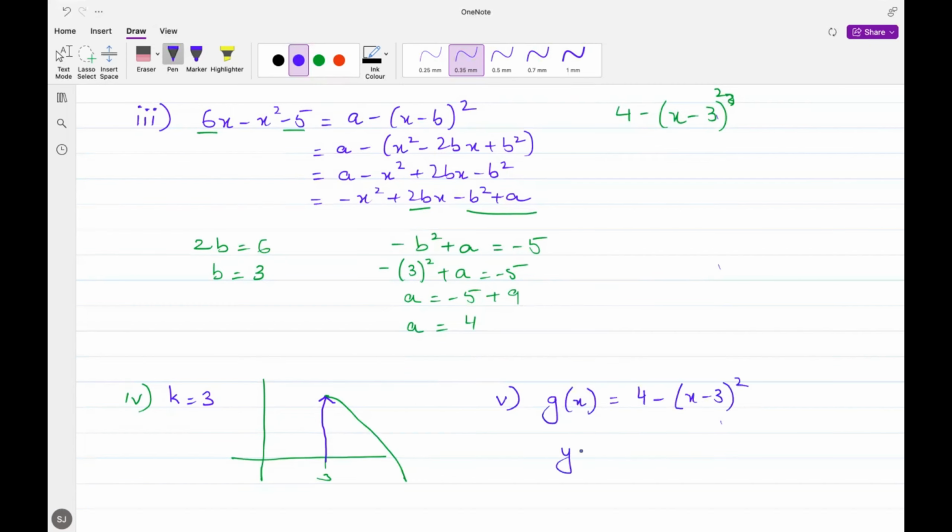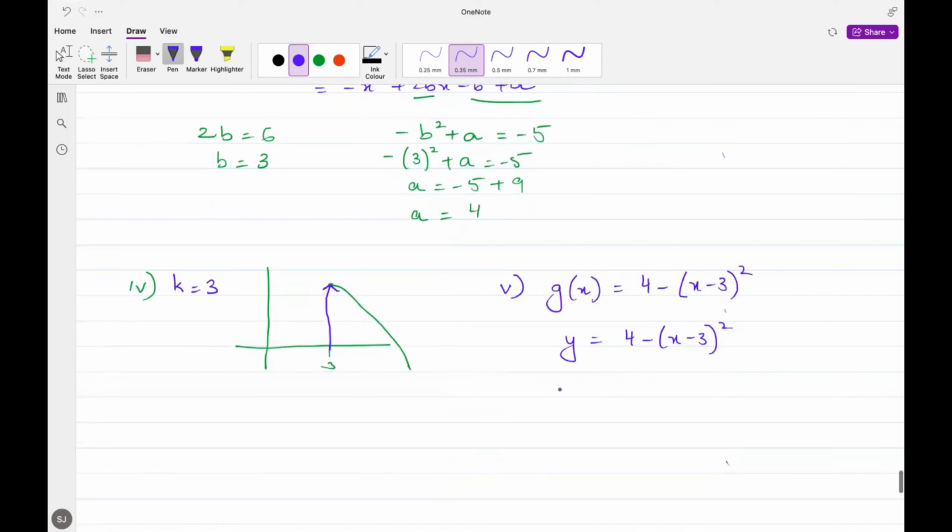So we'll write y over here equals 4 minus (x minus 3) whole squared. To find the inverse, we'll first exchange the values of x and y. So this will become x equals 4 minus (y minus 3) whole squared. Bring the (y minus 3) whole squared to the left hand side to make it positive, and we'll bring the x to the other side, so this will become 4 minus x.